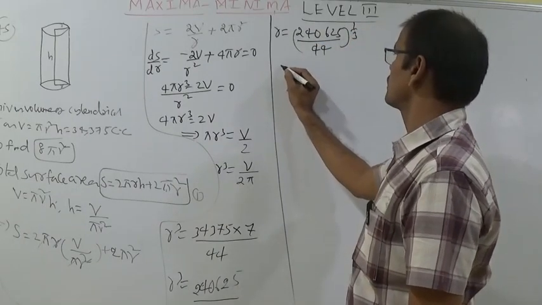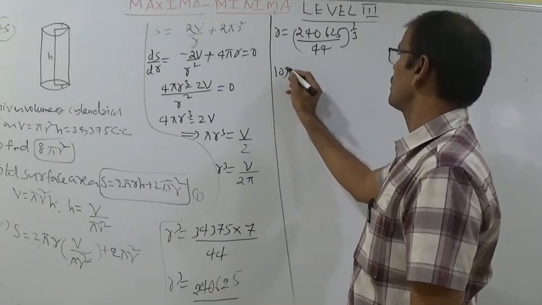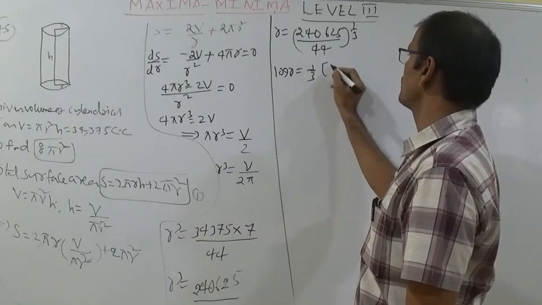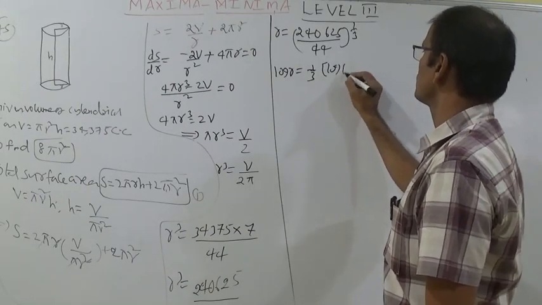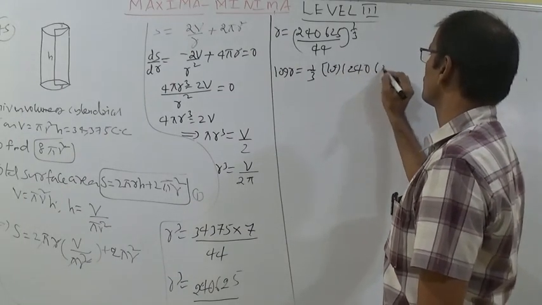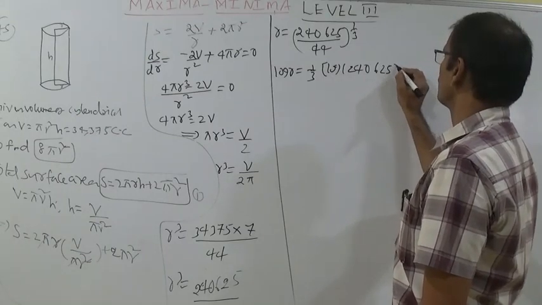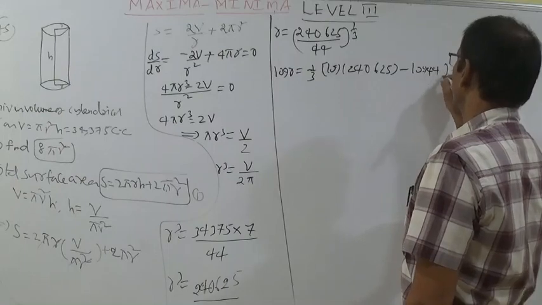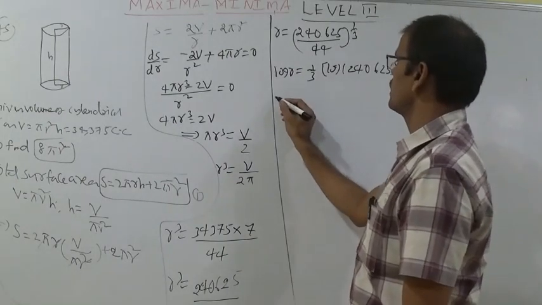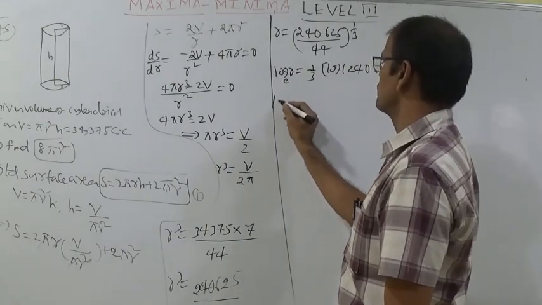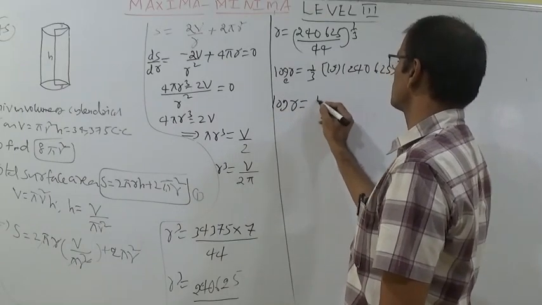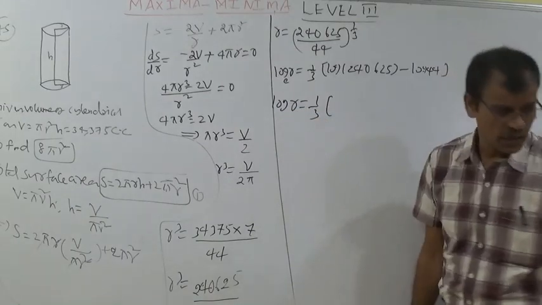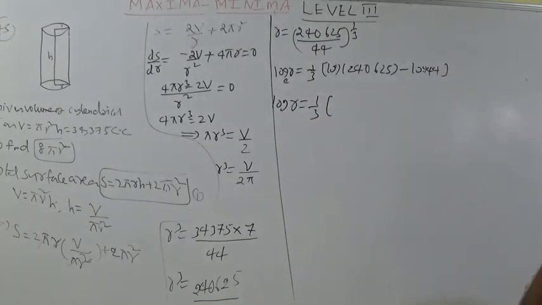By taking logarithm, log r is equal to 1 by 3 into log of 240,625 minus log 44. This is base e. After calculating this value, we can take the anti-logarithm. Let us see the logarithm.